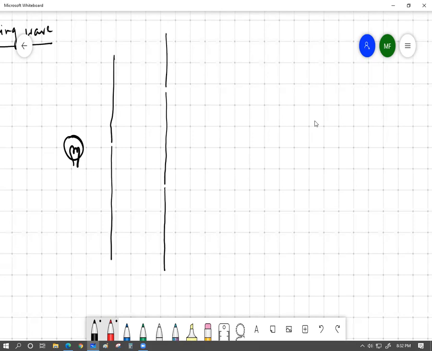Let's say this is one setup for our double slit experiment. This is our source S, this is our source S1, and this is our source S2.